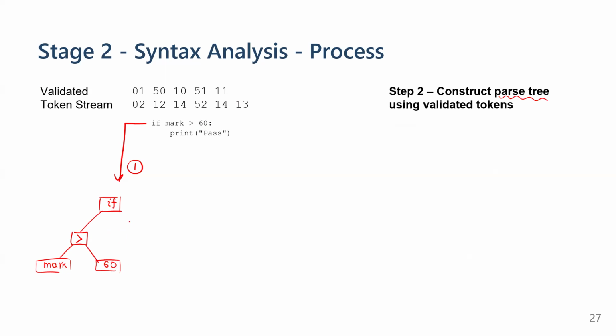And then you might have some kind of so-called nested tree structure for the print statement, or you might have a completely different tree for the nested code block, the print parse section.